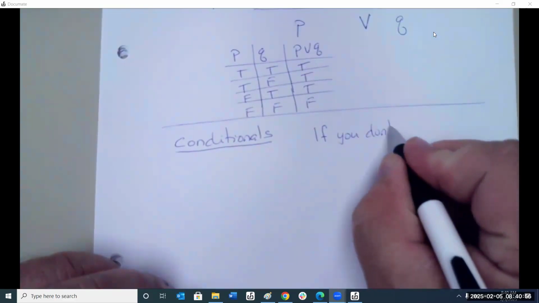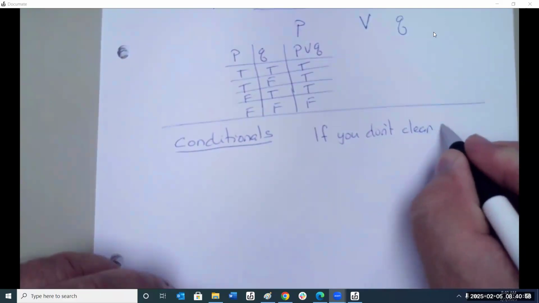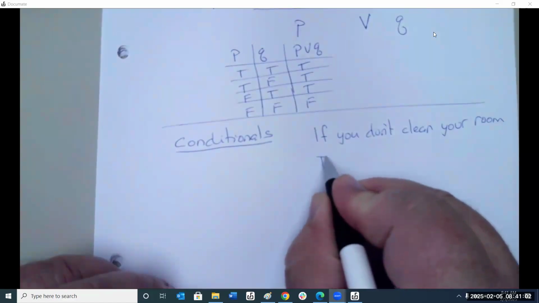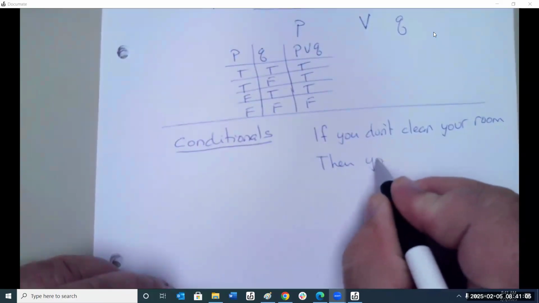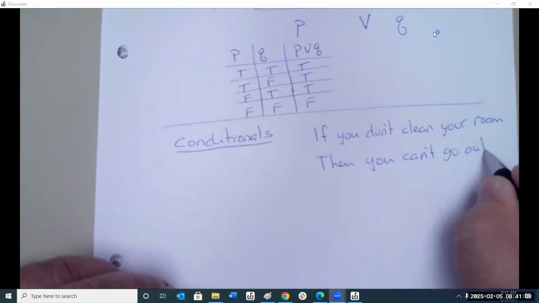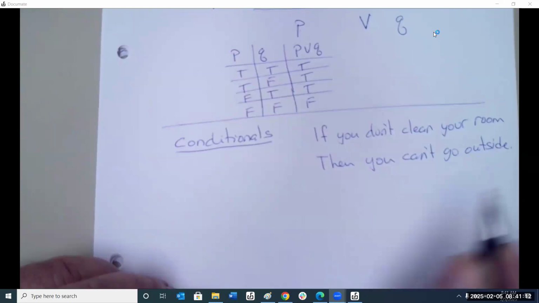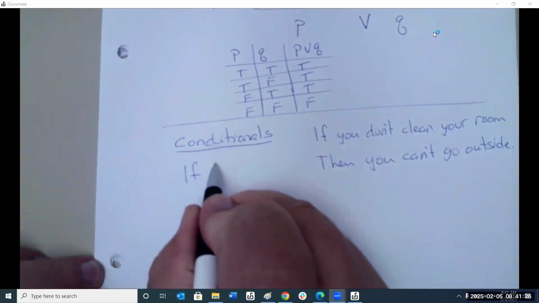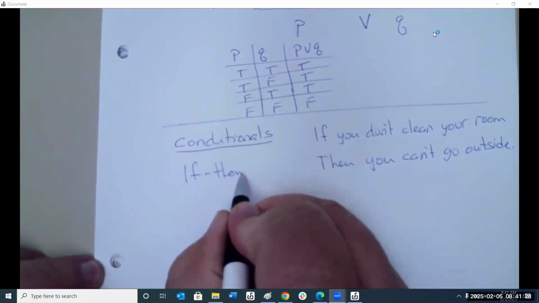If you don't clean your room, then you can't go outside. That's a conditional. A condition has to be met in order for it to work. We call these if-then statements.